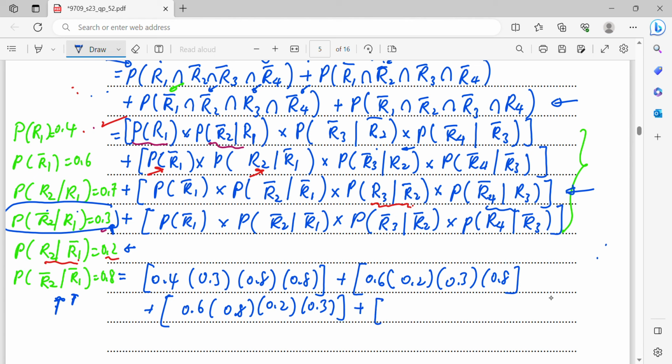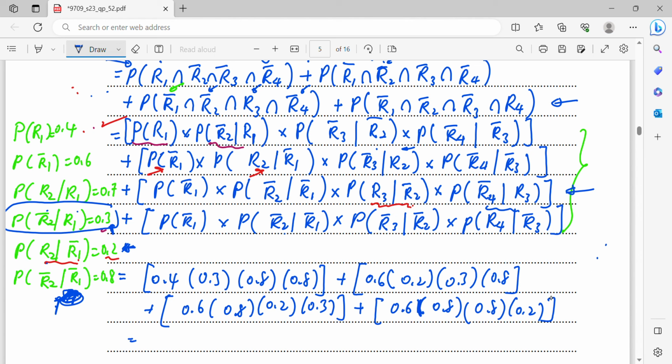Not rain on first day, 0.6. Second day also not rain. Look at the last probability here, which is 0.8. Then also 0.8. Lastly, previous day not rain, but next day is rain, so it will be 0.2. Alright, so these are the workings.